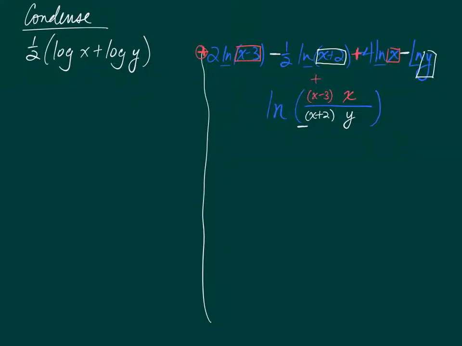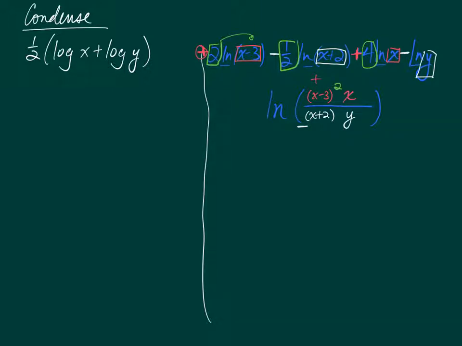So when you're condensing into 1 log, the sign tells you where the argument goes: the positive log tells you it goes in the top, or the negative log tells you the argument goes in the bottom. The only other thing we have to take care of here are these numbers in front of the natural logs. Those become exponents. So the 2 would become an exponent on x minus 3, so I'm just going to write a 2 here.